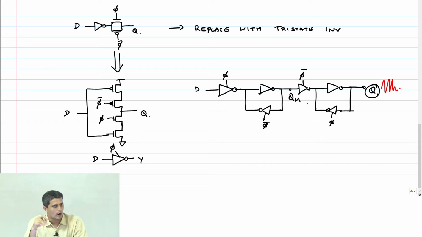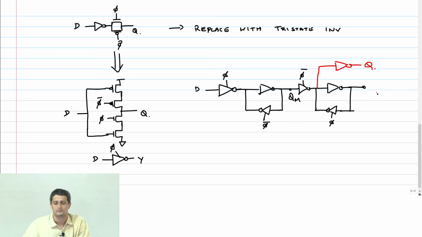In order to avoid that, you isolate this output in the following way. You add another inverter and make Q available here instead of here. Now Q is what is going to connect to the next gate, and any noise will affect only this node. This internal node is not going to be available to the next circuit.